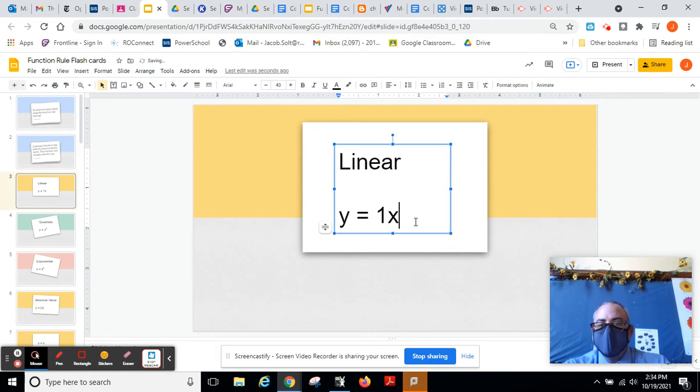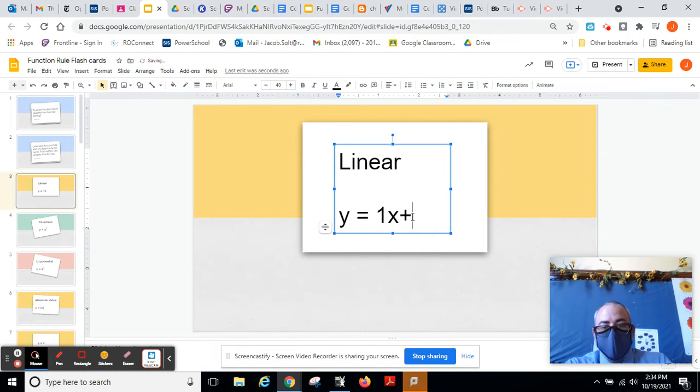But really, any number times one is itself, so whatever number x is, one times x is just going to be x. So really, there's a coefficient in front. The coefficient is the number out in front that we're multiplying by. When the number is one, sometimes we just leave it off because it doesn't change anything. So even though this says y equals x, really this is y equals 1x, which tells me this is a linear function.